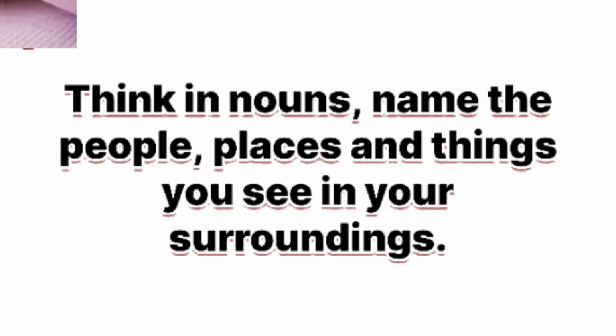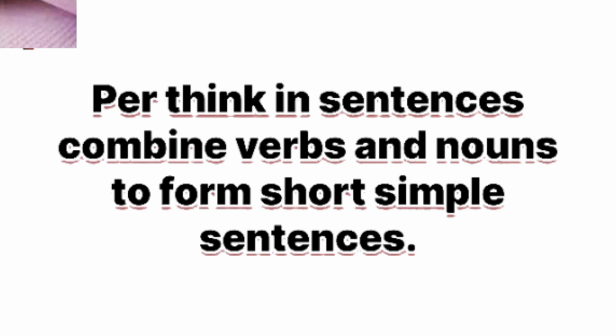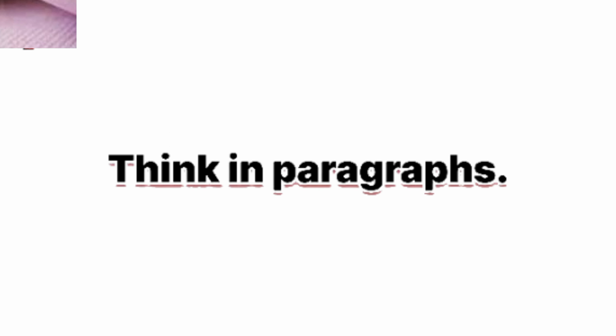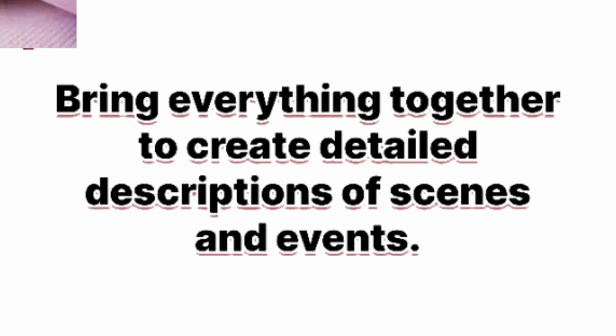Name the people, places, and things you see in your surroundings. Think in sentences. Combine verbs and nouns to form short, simple sentences. Think in paragraphs. Bring everything together to create detailed descriptions of scenes and events.